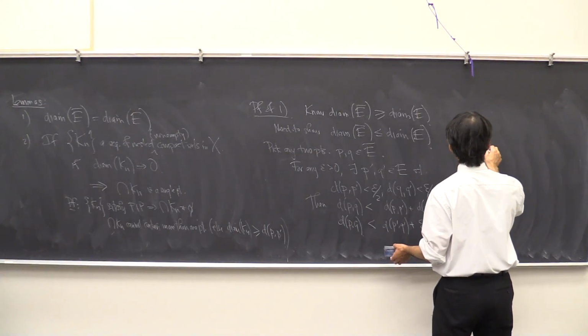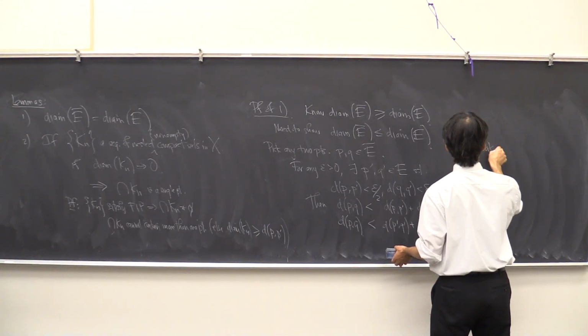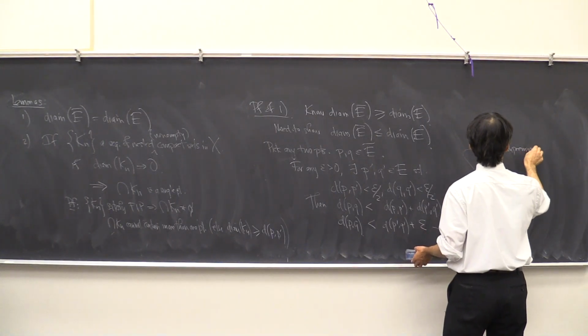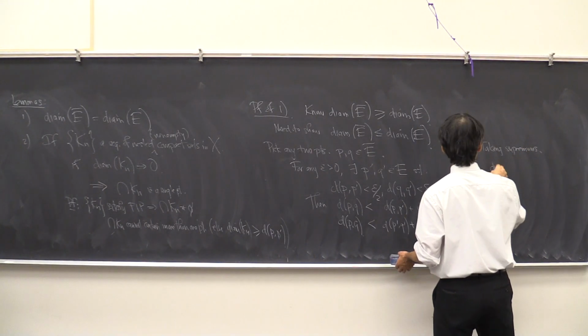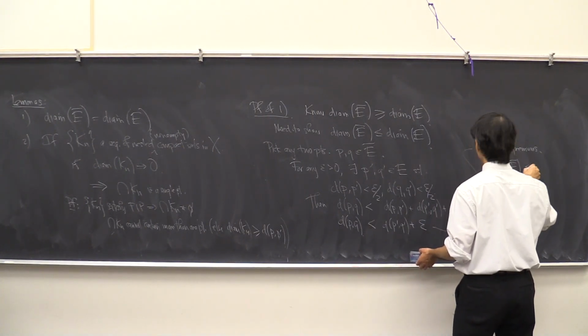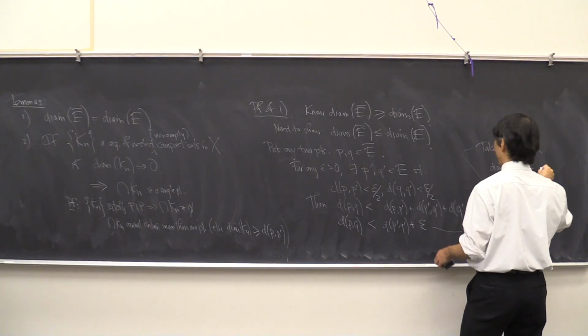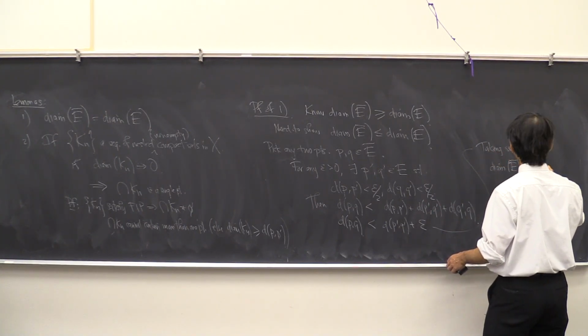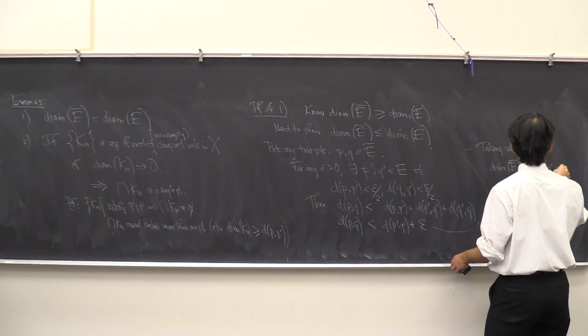Then, if we take supremums over both sides, taking supremums, we see that the diameter of the left-hand side is less than or equal to the diameter of this thing on the right-hand side plus epsilon for any epsilon.